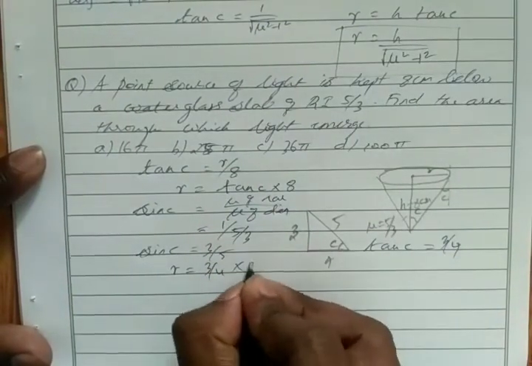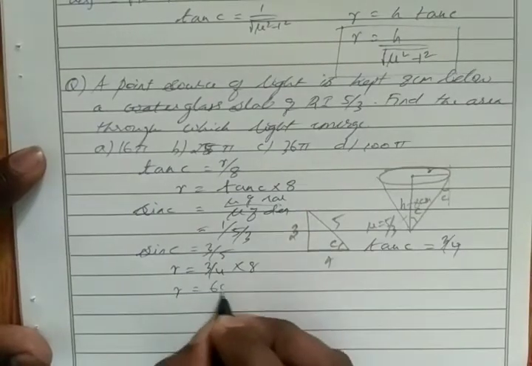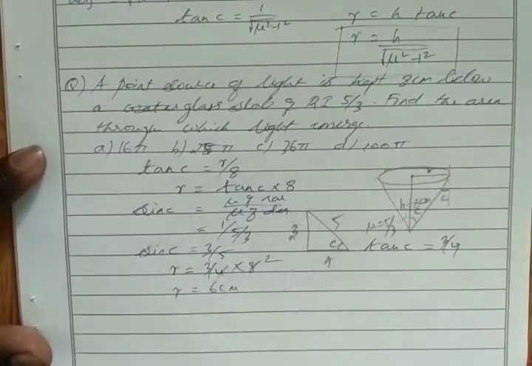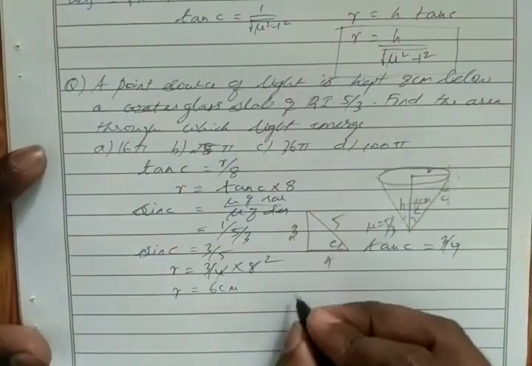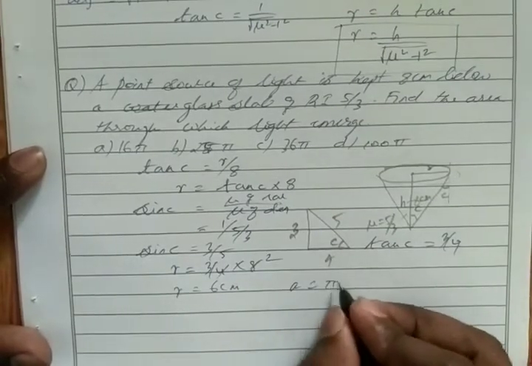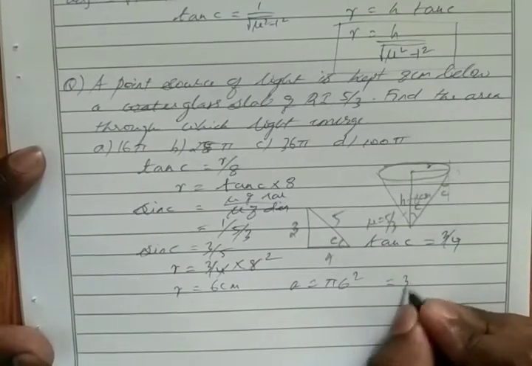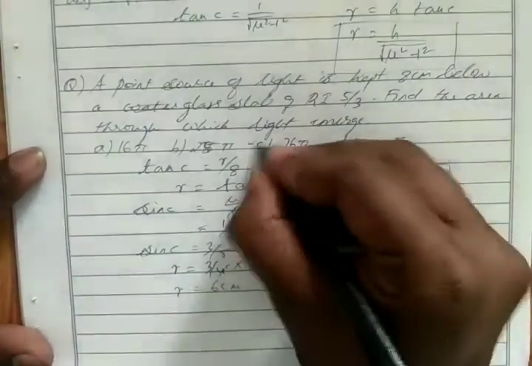So 3 by 4 into 8 gives r equal to 6 centimeters. But the question asks us to find the area, not the radius. We have to find the total area of illumination. The area of a circle is pi r square, so we have 36 pi. Option C is the correct answer.